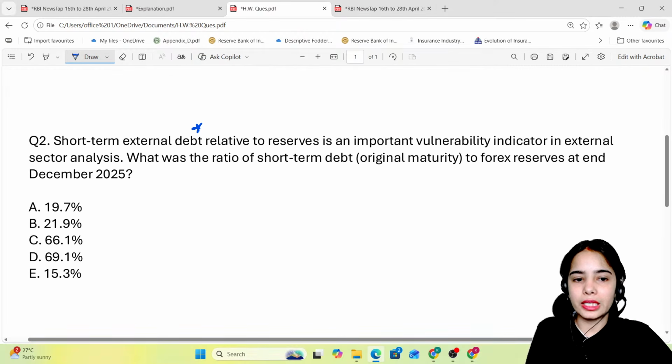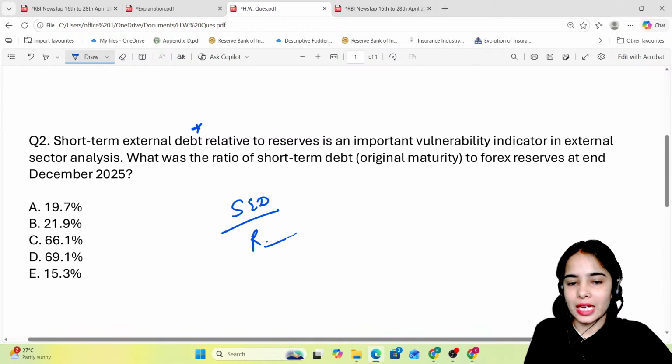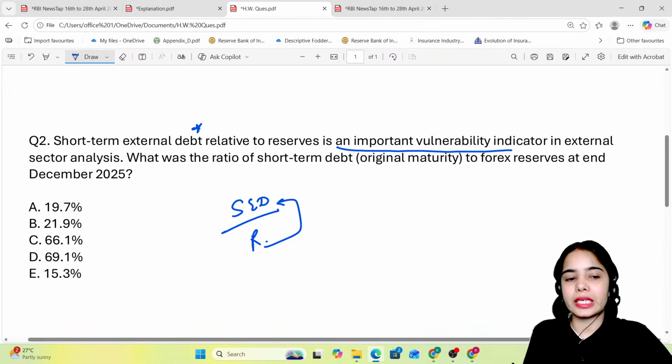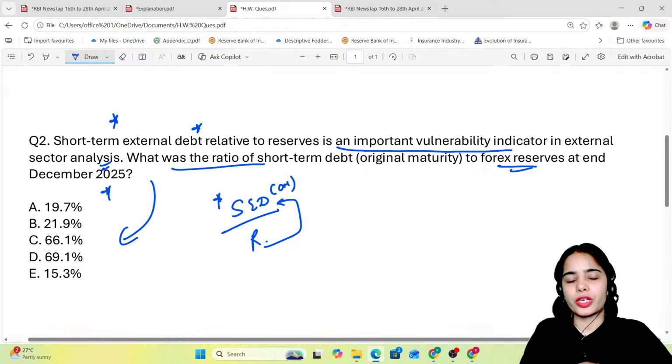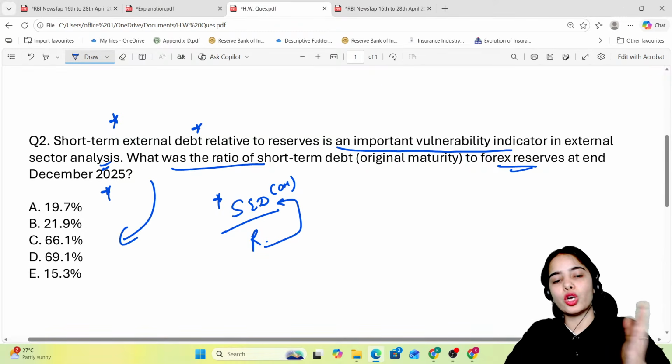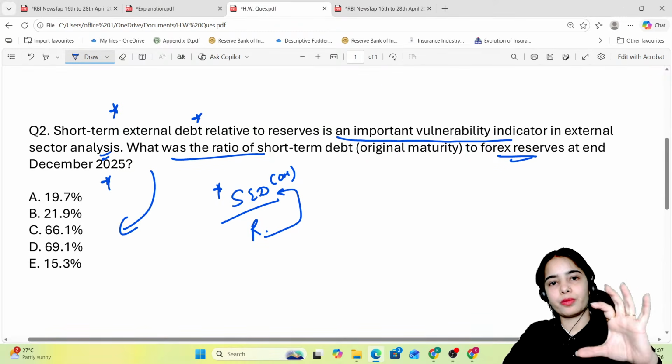Short-term external debt relative to the reserves, as a percentage of reserves, is an important vulnerability indicator in external sector analysis. What was the ratio of the short-term debt with original maturity to foreign exchange reserves at the end of December 2025? So this is also important. A question from this came in 2023 also. So remember that this is also very important.